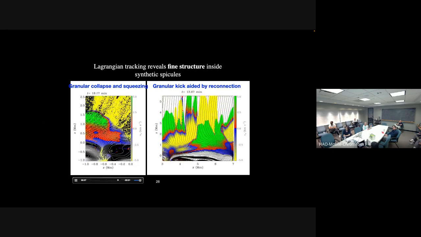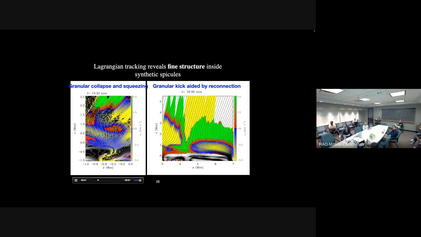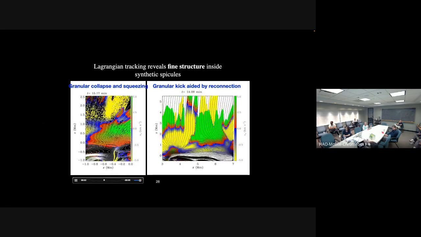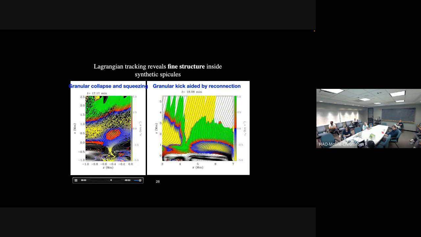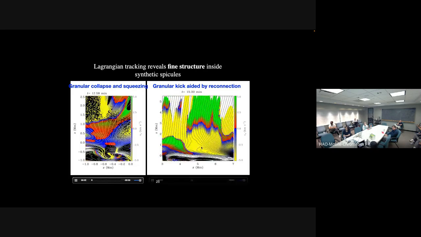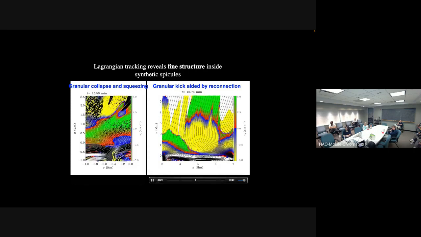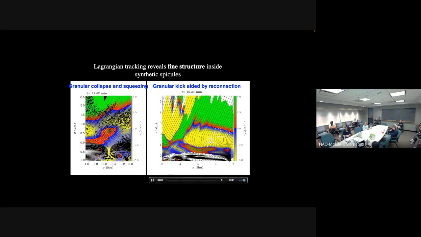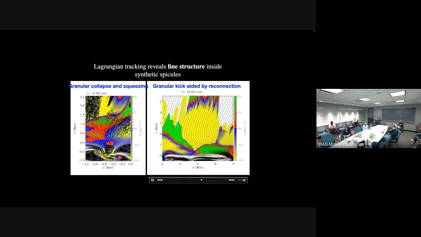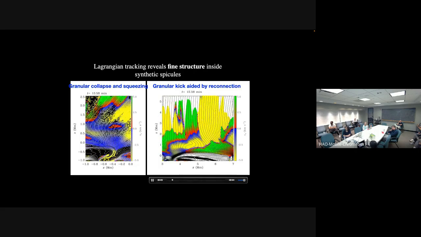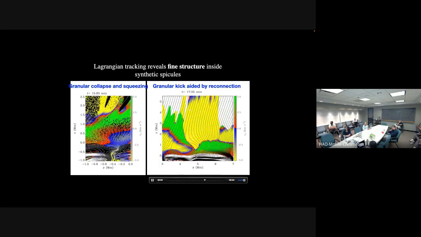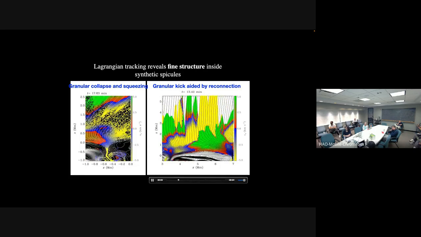It's like you have a hose pipe which you squeeze, and then the water squirts out. Basically that is what is happening in this region. Whereas the region on the right here is just above a granule which is essentially breathing, and in the process the granule is kicking the plasma up. And because of this kick, the spicules are being generated.